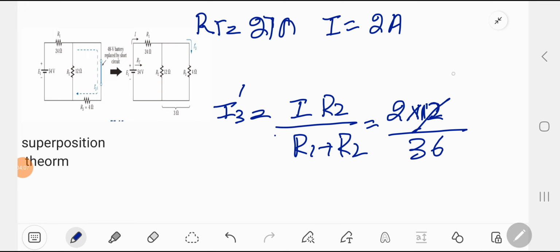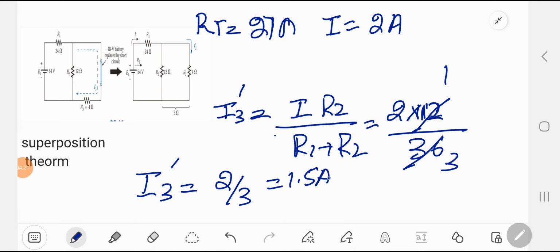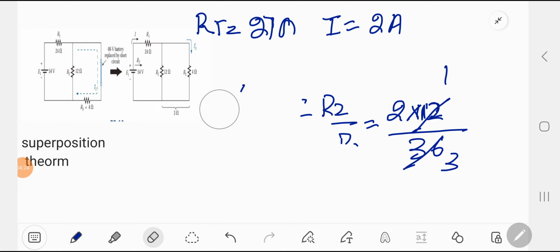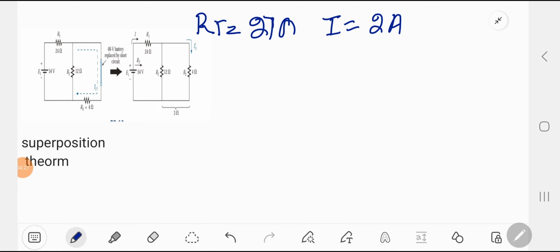Now here I3 is equal to 2 divided by 3, which is equal to 1.5 ampere. Now we found that I3 dash, we put dash because we are dealing with the potential 24 volt, which is 1.5 ampere.